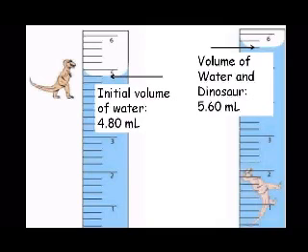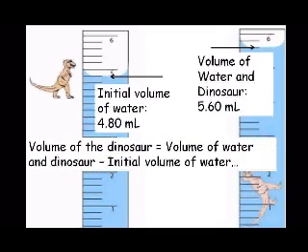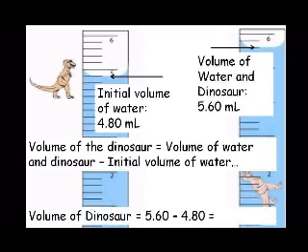So to determine the volume of the dinosaur, we need to take the volume of the water and the dinosaur and subtract the initial volume of the water. So we take 5.60 minus 4.80, giving us the volume of the dinosaur, 0.80 milliliters.